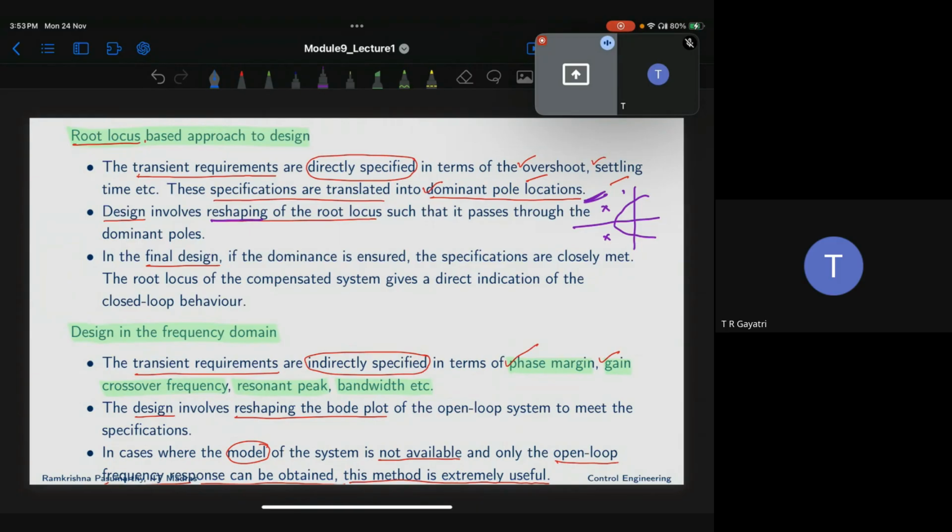Now in a similar way, using the frequency domain, our design requirements are indirectly specified.